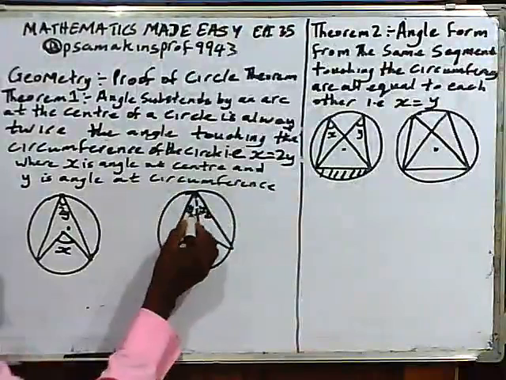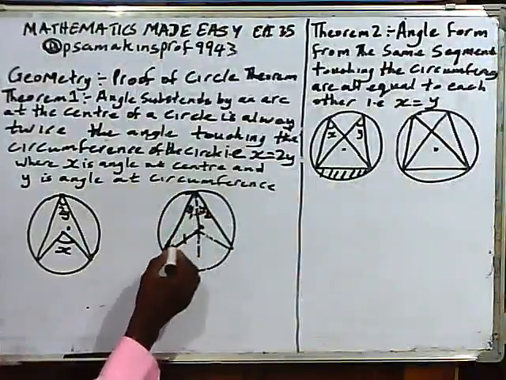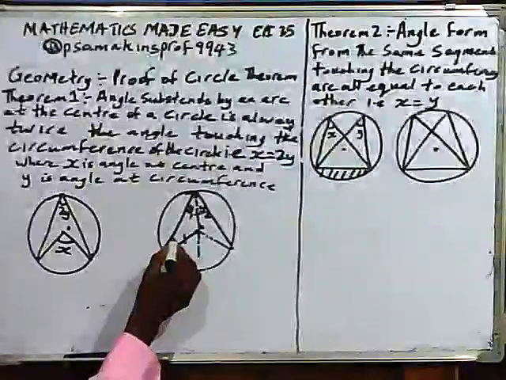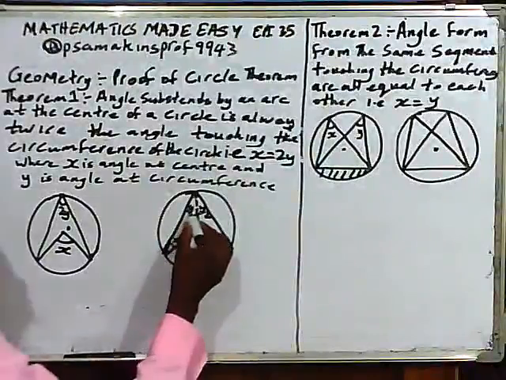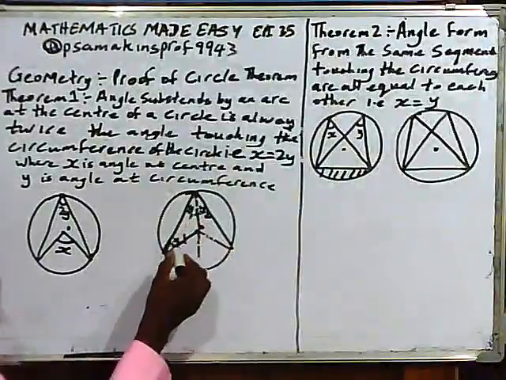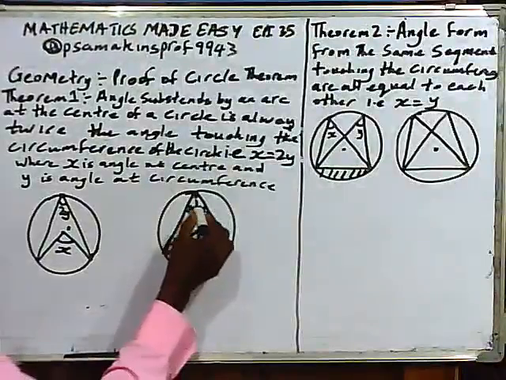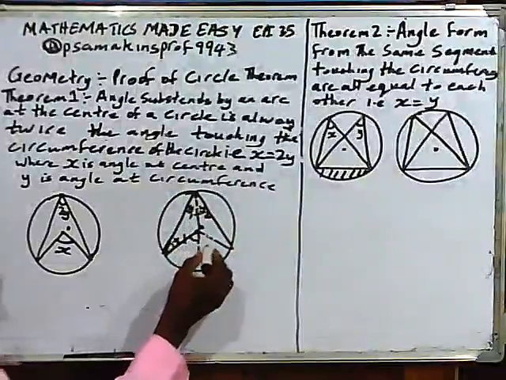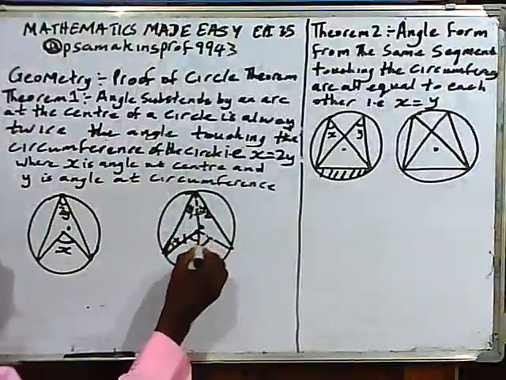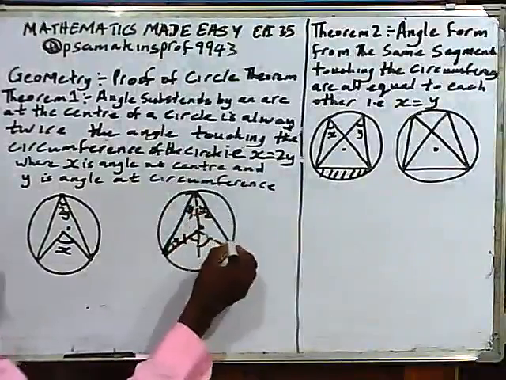So if this one is y1, since this is an isosceles triangle, this place will also be y1. So the addition of y1 with y1 will give us this place. 2 interior is equal to 1 exterior. Likewise here, we can say that y2 here is the same thing as y2 here.